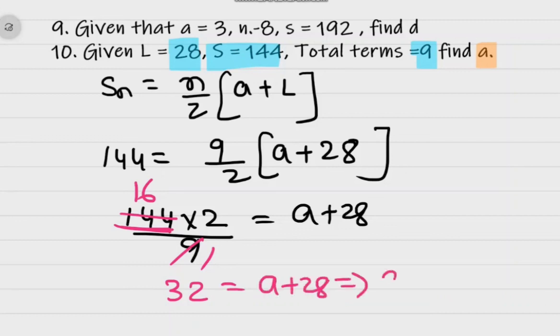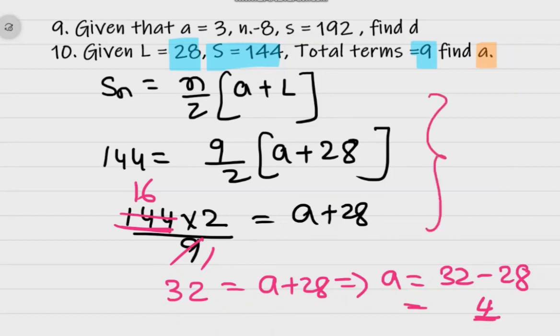So a is equal to 32 minus 28, which is 4. So a is equal to 4. The value of a is equal to 4. So here we have completed this question. In the next class we shall move towards the other questions.